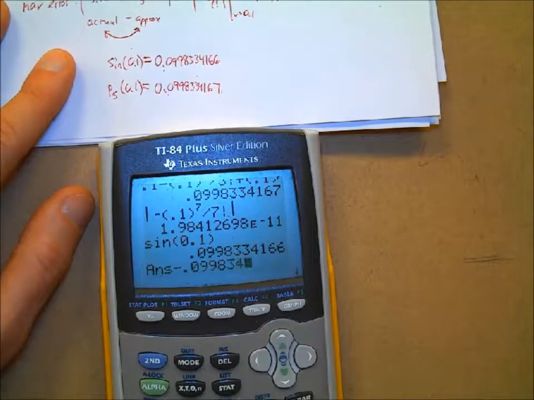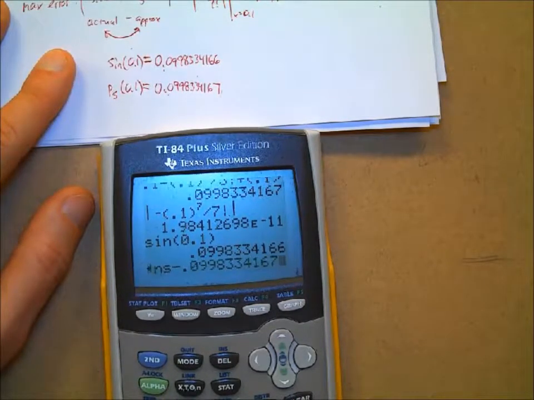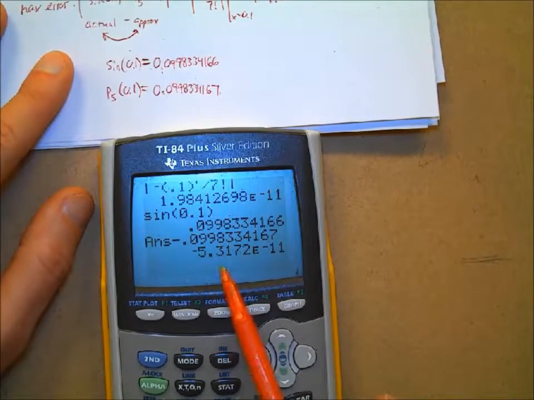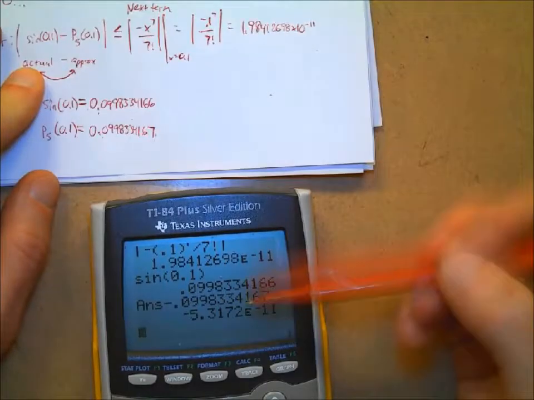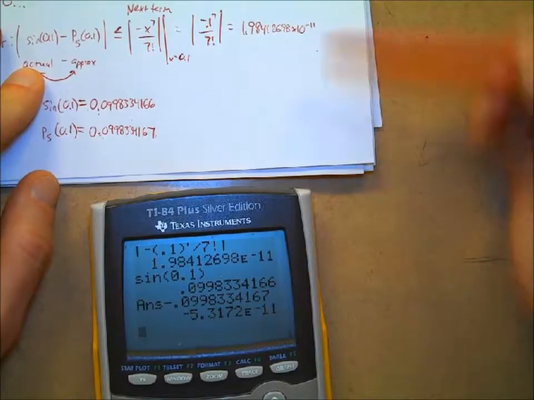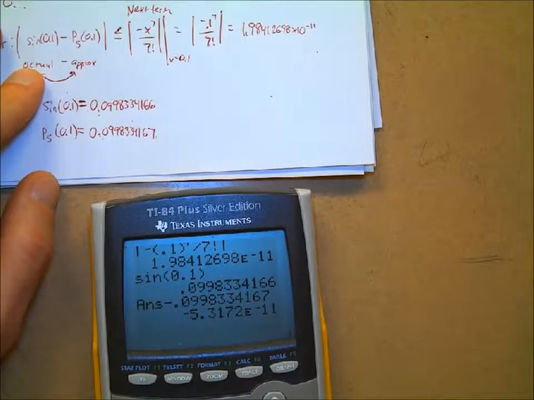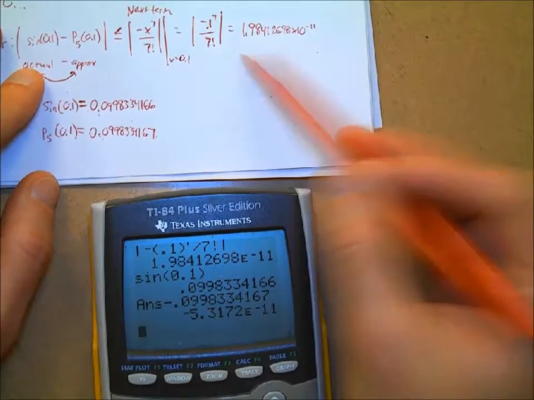You see you're off by about 5.3 e to the negative 11, which is less than that value right there.